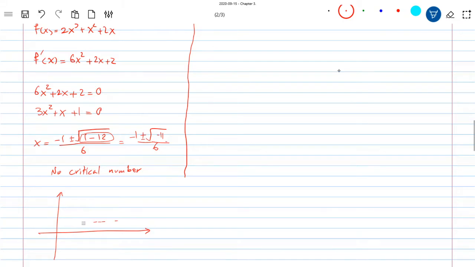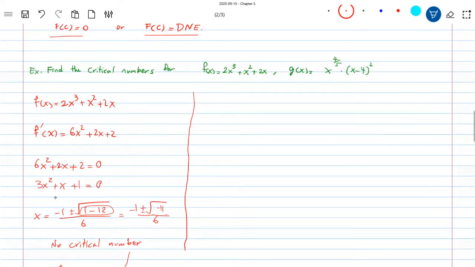Since there is no such point with a critical number, the function looks like this. It never has that bowl shape, either from above or below. So you never see this shape or the other side, because you would have a local maximum or local minimum. This was the example where there is no critical number.